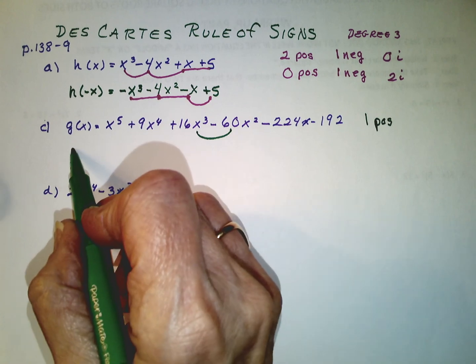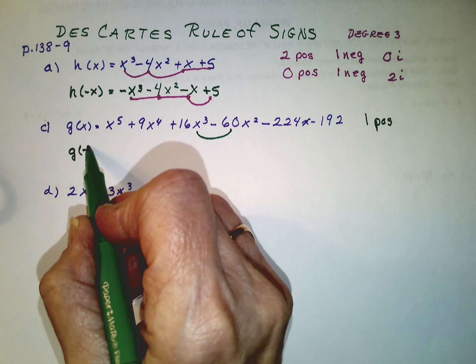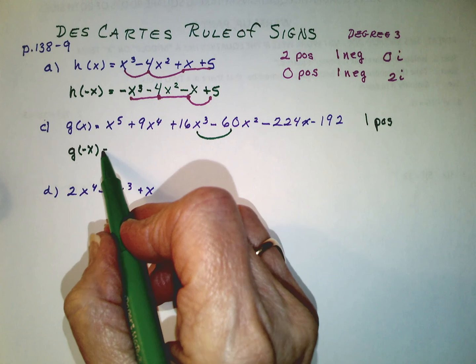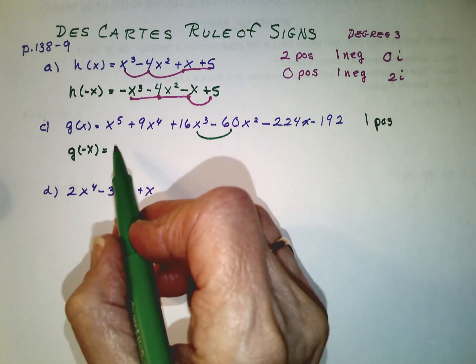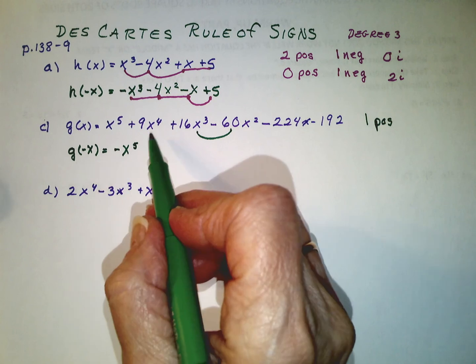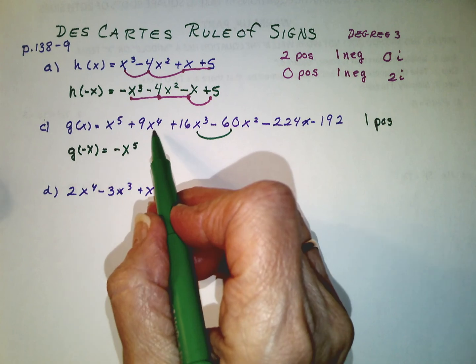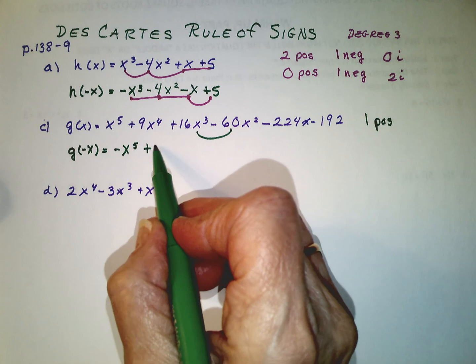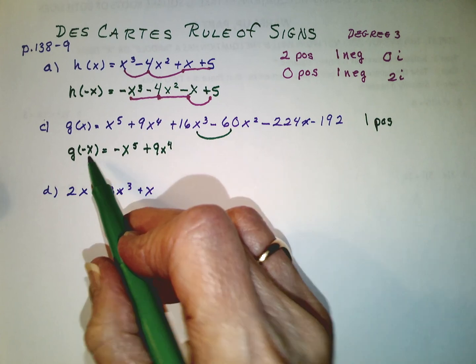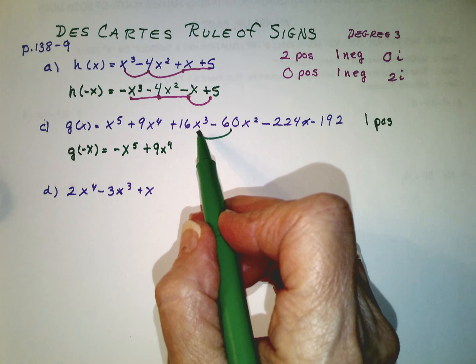Now to find out how many negative roots, we'll put a negative x in wherever there was an x. So when you take the 5th power of a negative number, you're going to get negative x to the 5th. When you take the 4th power, you're going to get a positive answer times a positive 9. This is going to still be positive. You put a negative x in and cube it, you get a negative answer.